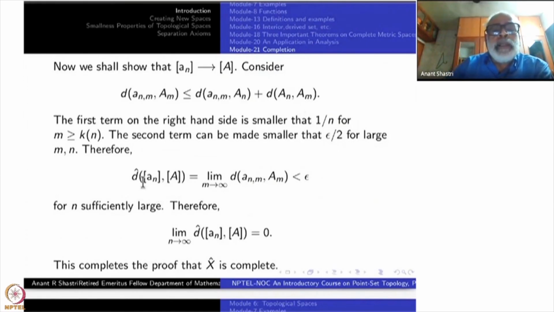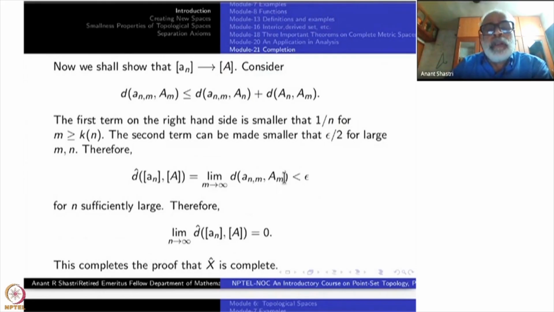Therefore, D hat of AN and capital A, the class A, which is by definition D twiddle of AN and A, is again by definition the limit as m tends to infinity of D of this sequence AN,M and the other sequence AM. Now here m tends to infinity.